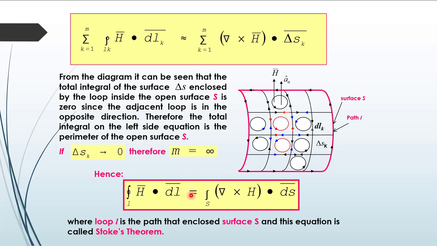So these two are the same: either you can circulate H over the path, which is the same as taking the curl of H over the surface ds.